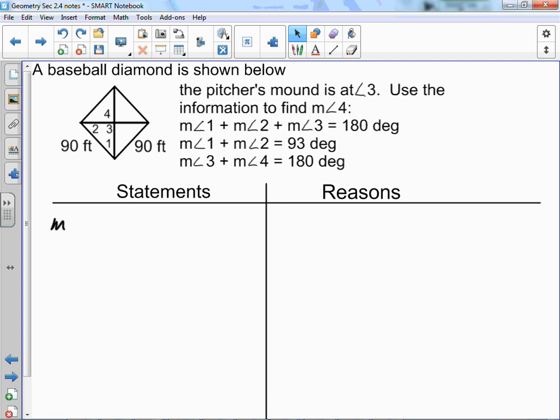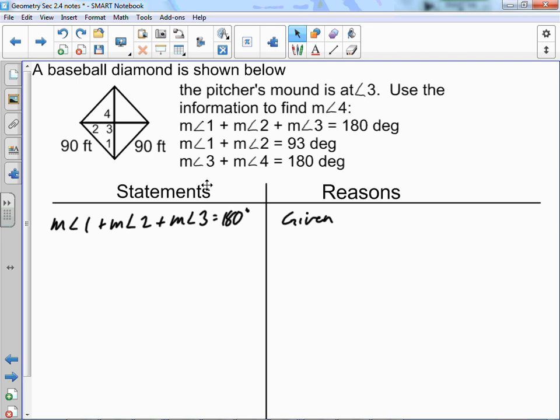So the first thing they gave us is the measure of angle 1 plus the measure of angle 2 plus the measure of angle 3 equals 180 degrees. And that was a piece of information that was given to us. All right, so we got all this information and we're trying to find the measure of angle 4 ultimately.